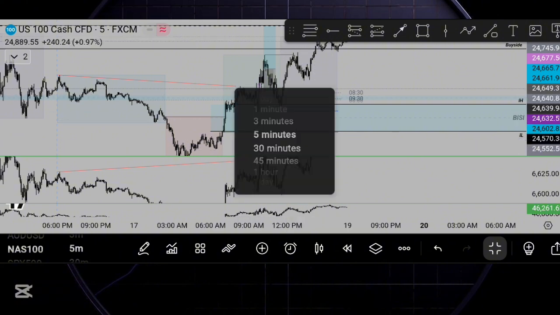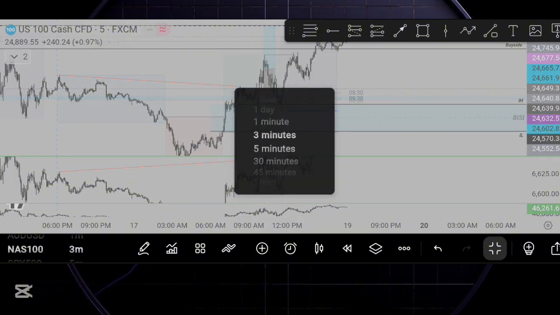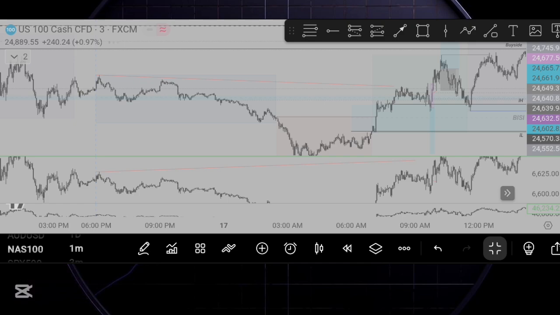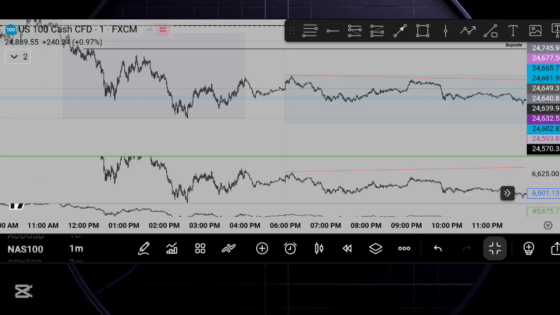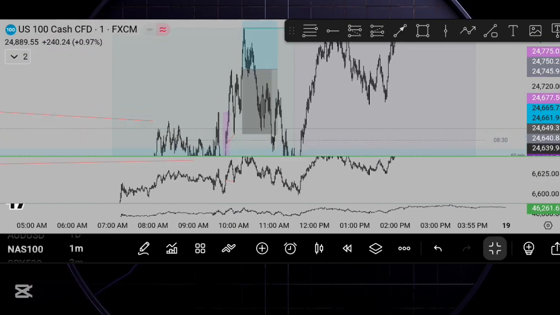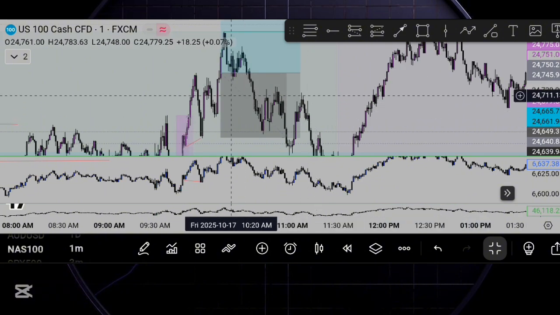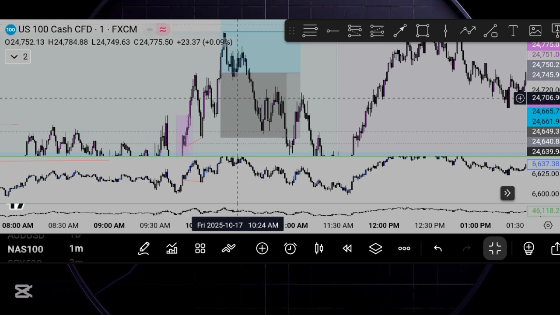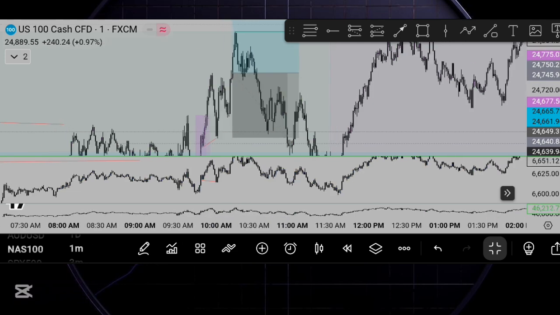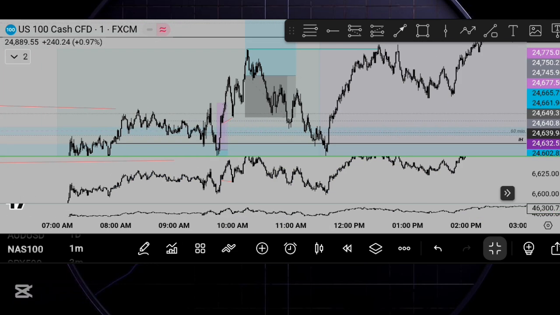So if you go down a little bit to the hourly time frame, you can see another confluence which I didn't pay a lot of attention to: this high was actually formed at 10:15, which is a key time of interest.